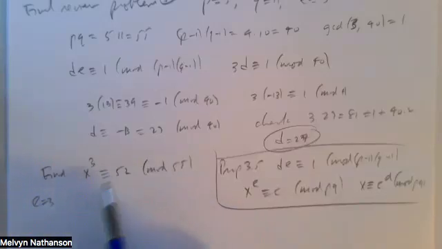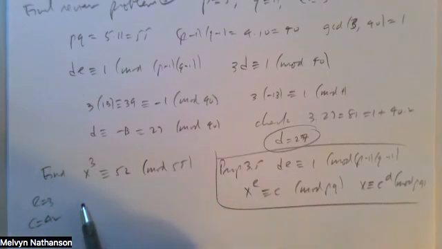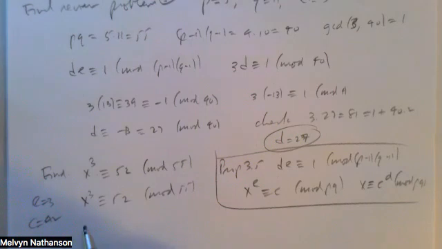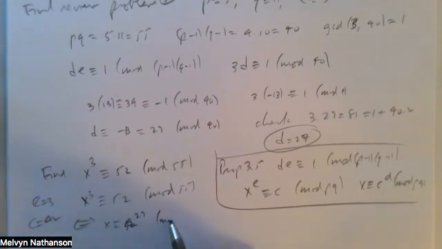E is equal to 3. And C is 42. So just looking at this proposition, it says x cubed is congruent to 52 mod 55 if and only if x is congruent to C to the D. D is 27. So 52 to the 27 mod 55.